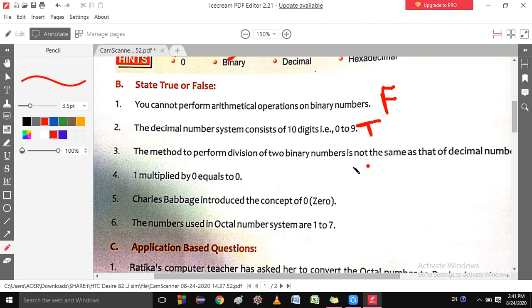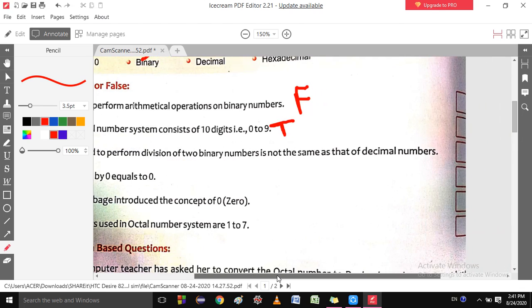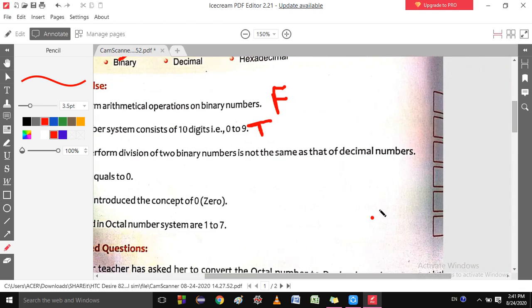Next question: the method to perform division of two binary numbers is not the same as for decimal numbers. This is false. Division is the same as for decimal numbers, so this is wrong. Okay, students.